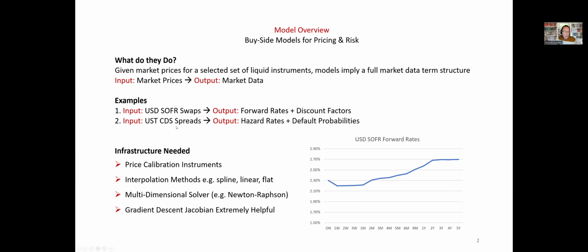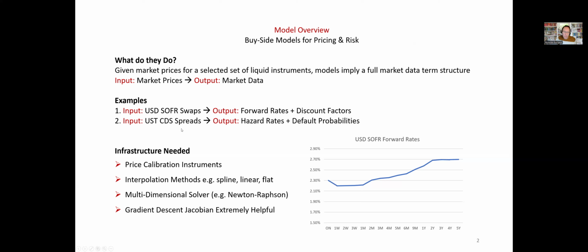Now, the second example is for CDSs. In the credit world, if I want to price a CDS on US dollar Treasury, for example, the credit model I would need would require me to provide it with CDS spreads for US dollar Treasuries, and that would be my input, and my output would be hazard rates and default probabilities.